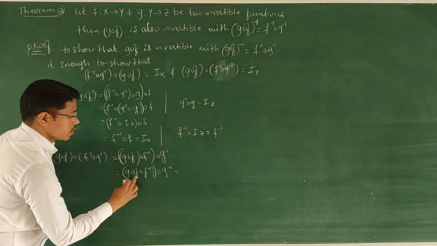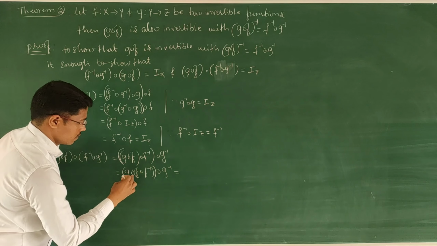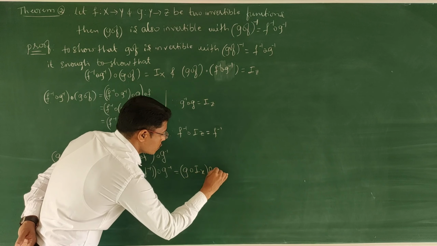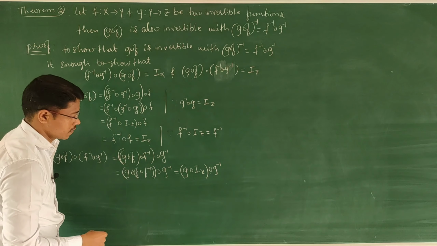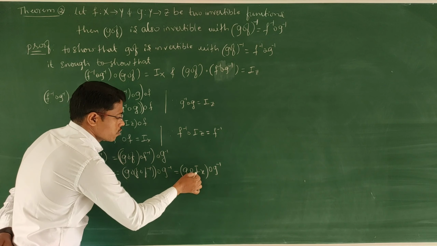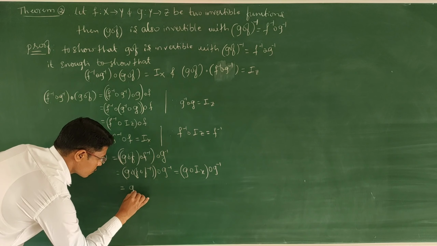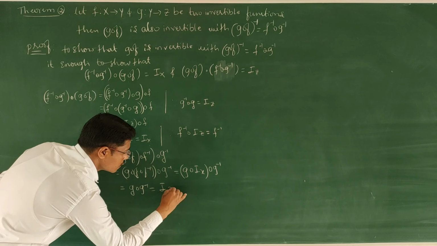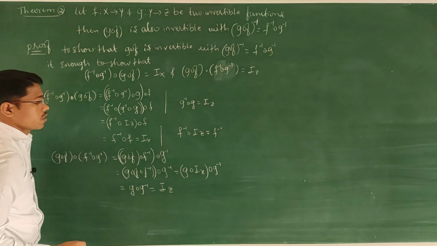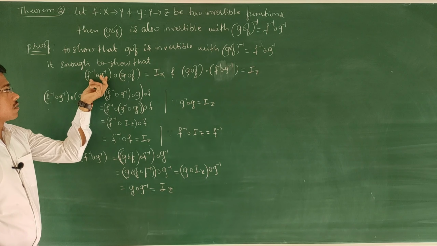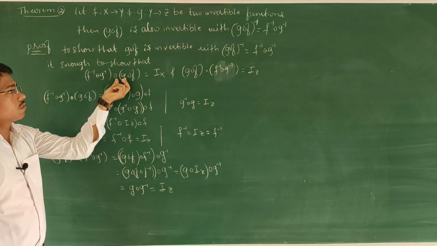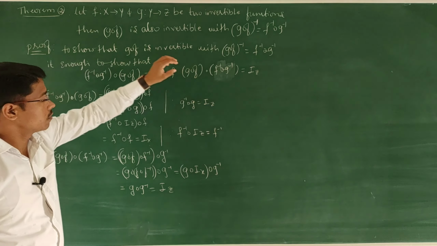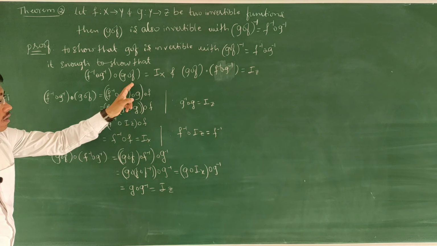This is equal to f composition f inverse, that is Ix. Then g composition Ix composition g inverse is equal to g composition Ix, that is g comes back. So g composition g inverse is equal to the Iz. We have shown that the inverse composition with the composite function equals Ix and this equals Iz, the identity functions for these two.